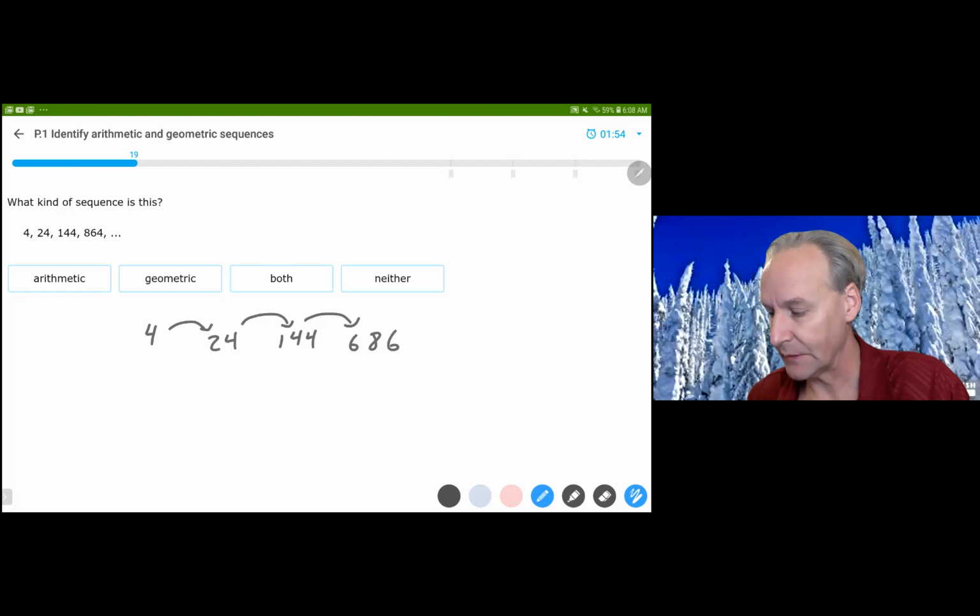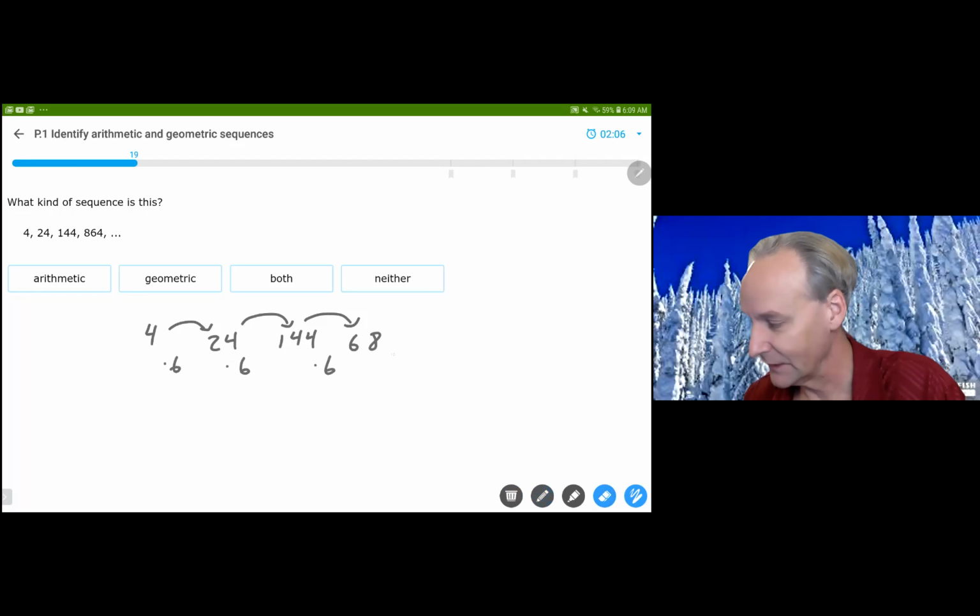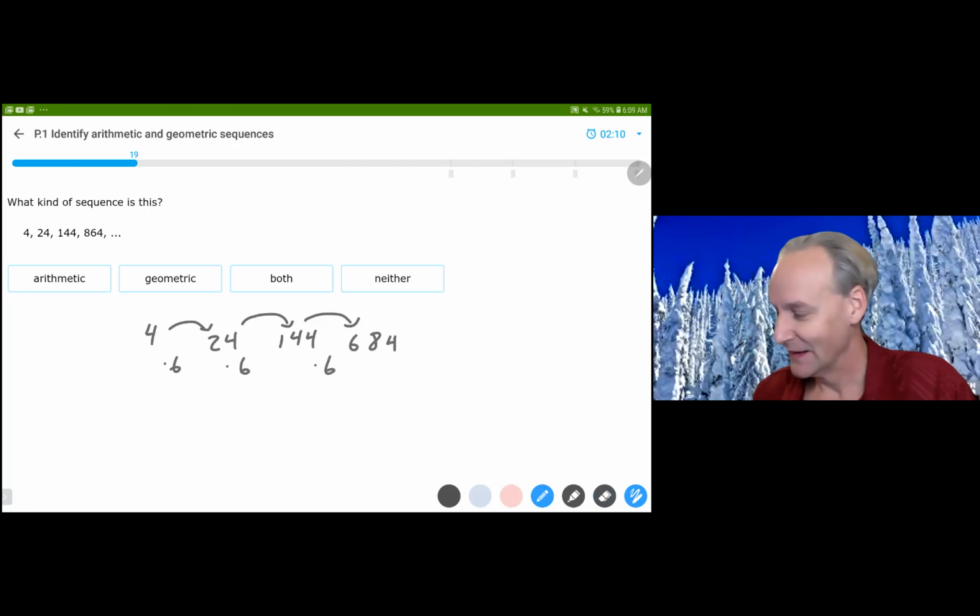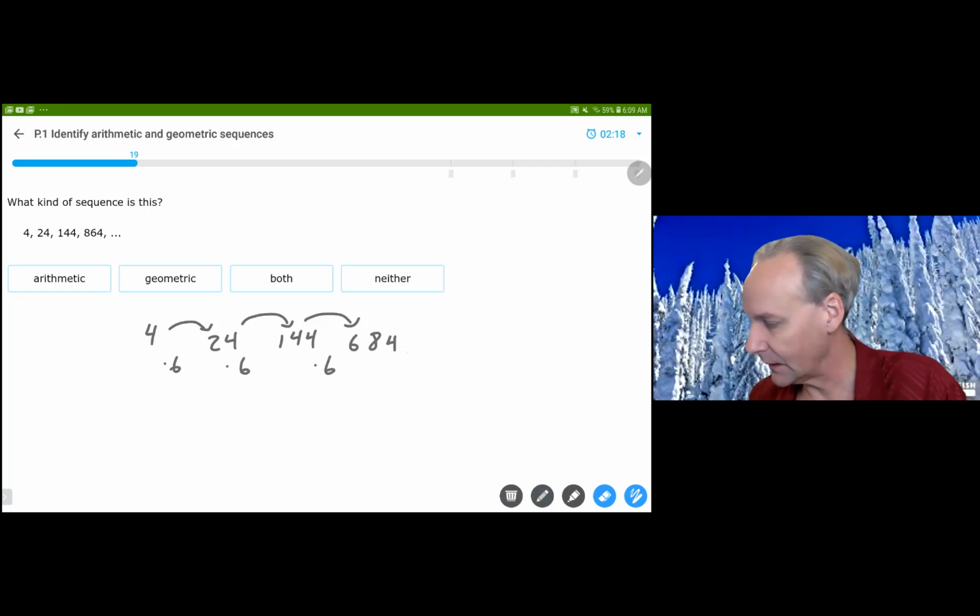Now we're multiplying by 6, and again by 6. It certainly looks like we are, but let me double check the arithmetic: 4 times 6 is 24, 24 times 6 is 144, and 144 times 6 is 864.